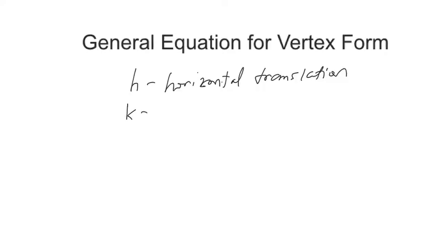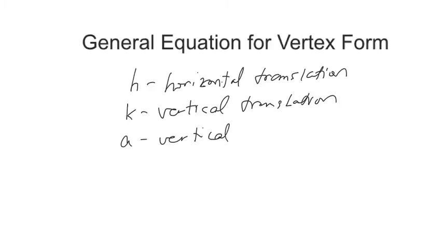K is going to represent a vertical translation. And A will represent vertical scaling and a reflection when A is less than 0.